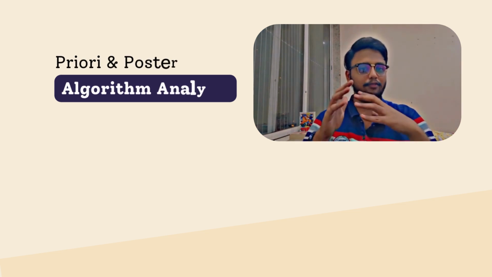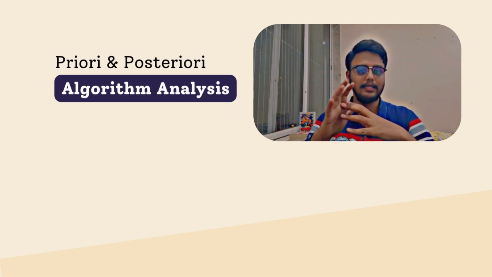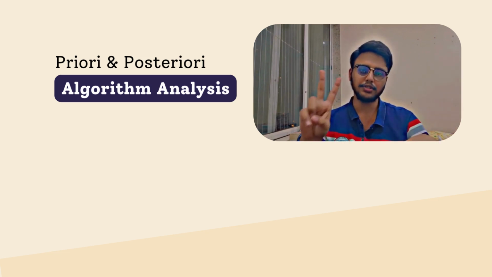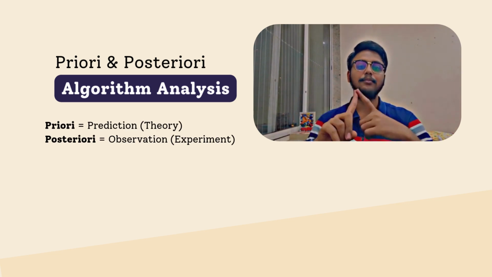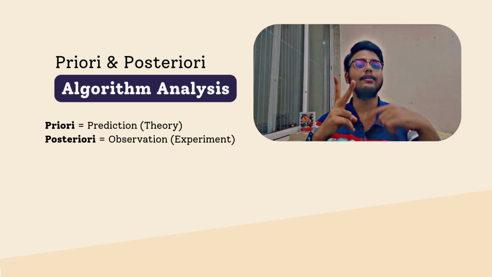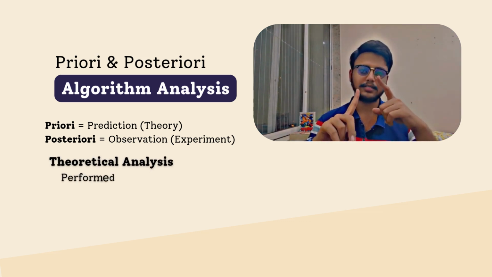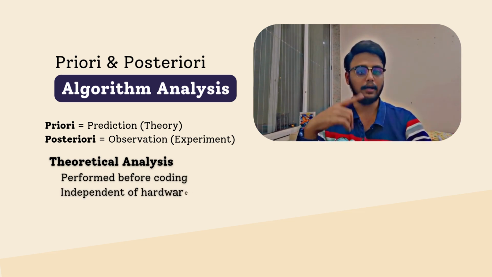Now moving forward, we'll be looking at priori versus posteriori analysis. When analyzing algorithms, we generally use these two kinds of approach. The priori analysis is done before we run the code, while the posteriori is done after we run the code. The priori analysis is also named the theoretical concept, which is performed before the execution of the code.